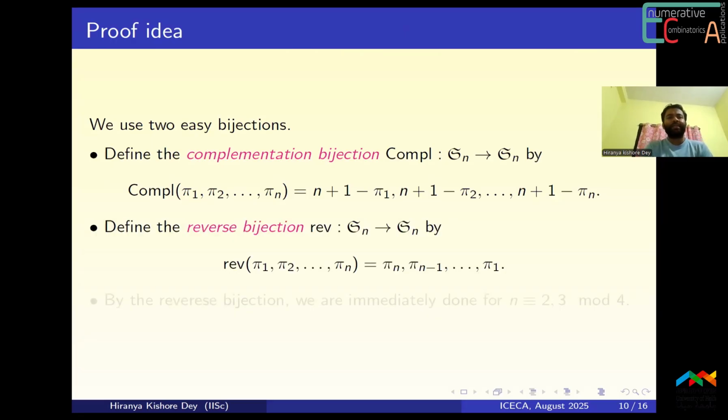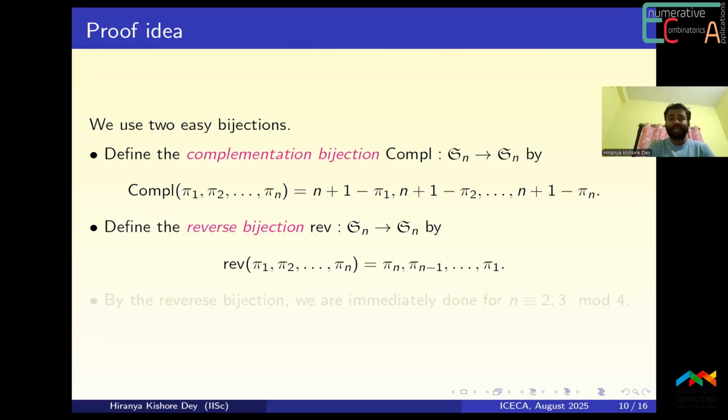We also define another bijection, which is called the reverse bijection. It takes pi 1, pi 2, up to pi n to pi n, pi n minus 1, going down to pi 1. Now, one can see something about this reverse bijection. It maintains the number of peaks and valleys: the number of peaks and valleys of pi is the same as that of the reverse of pi.